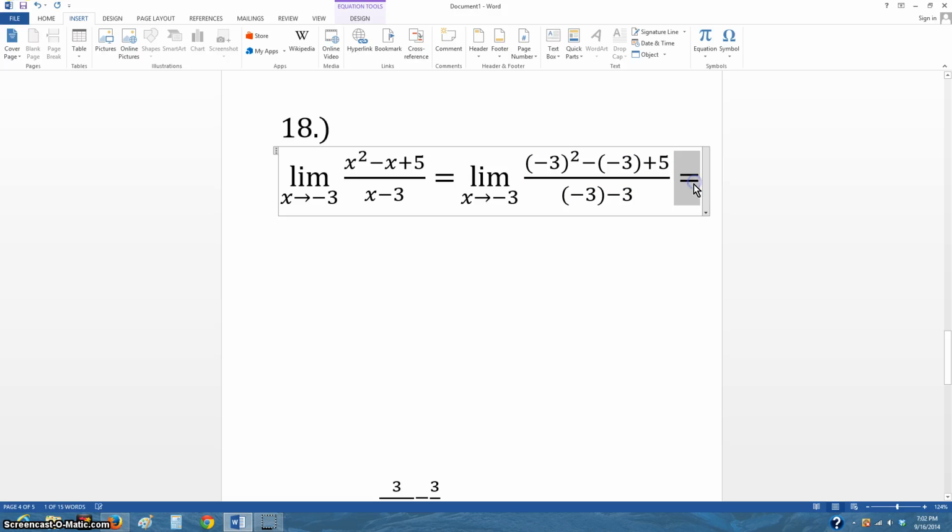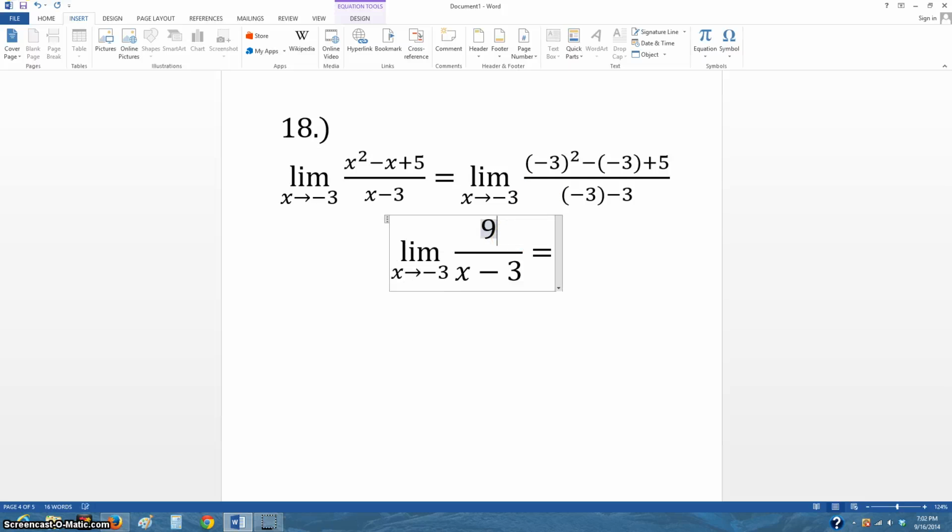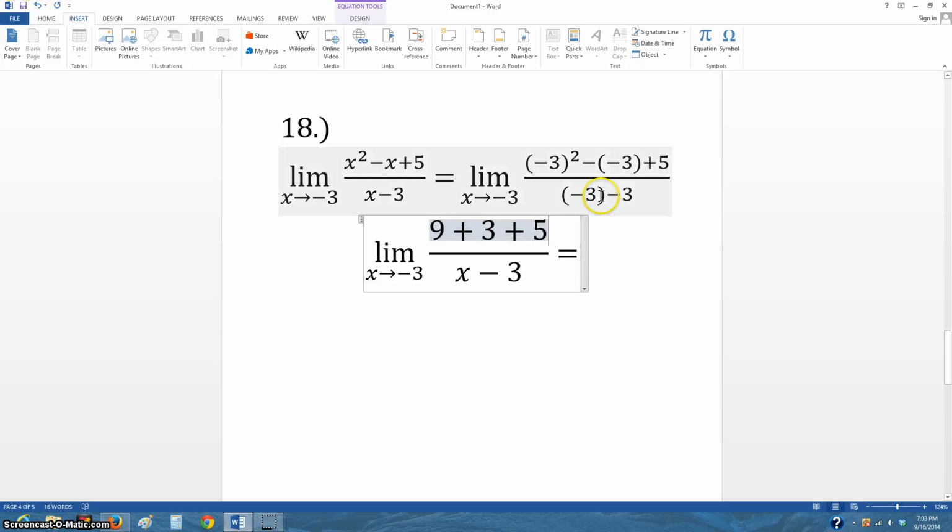Okay, at this point, let's just simplify. On the top, I get a negative 3 squared, which is a positive 9. This minus a minus 3 becomes a plus 3. And then I have plus 5. Okay, this negative 3 minus 3 is what? Negative 6.